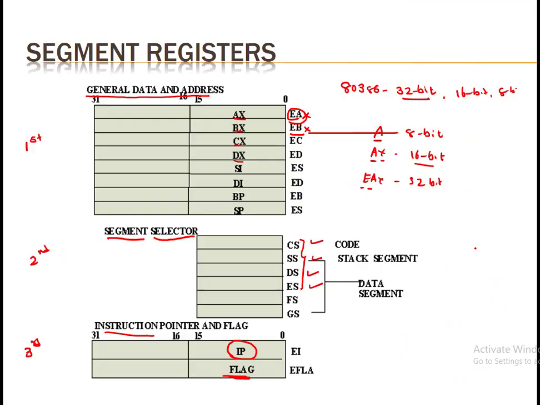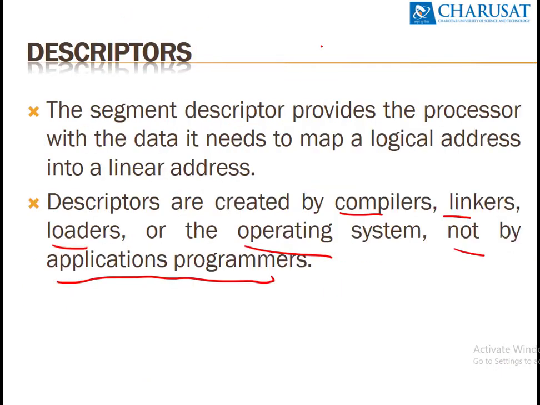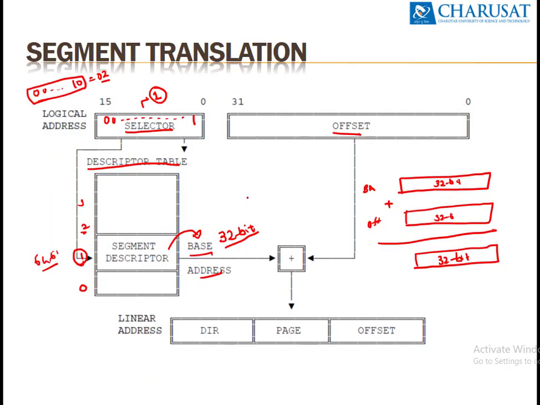We can see over here the adder is available. In the same way, in the paging unit we will see the adder circuitry is required. This adder will add base address and offset, and it will generate the 32-bit linear address. The 32-bit linear address is divided into 3 fields: directory, page and offset. In the next lecture, we will see how this linear address will be converted into a physical address.